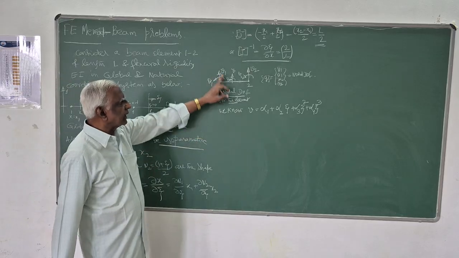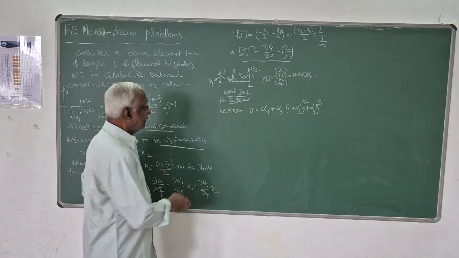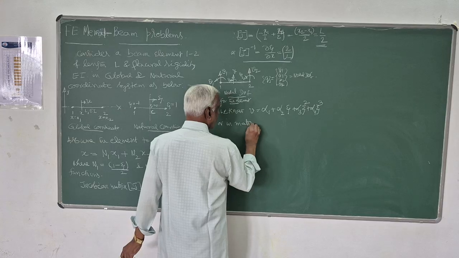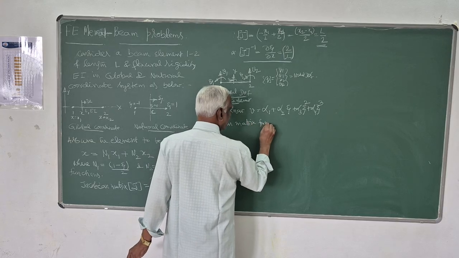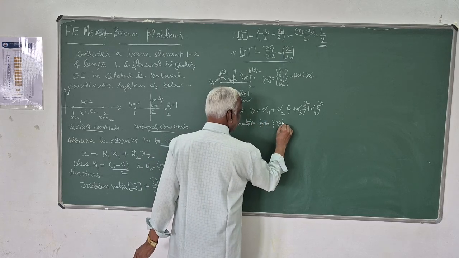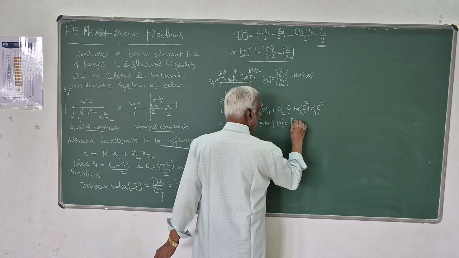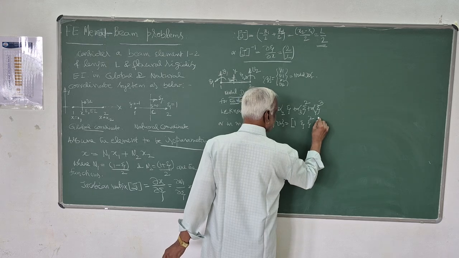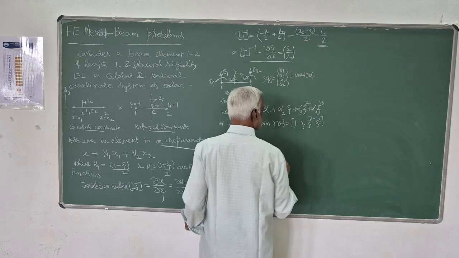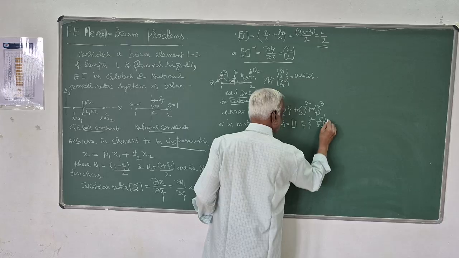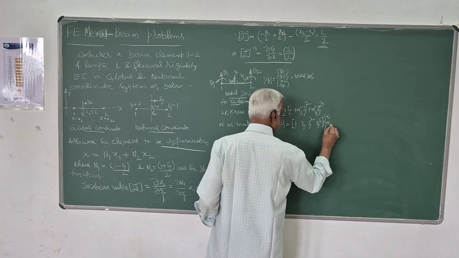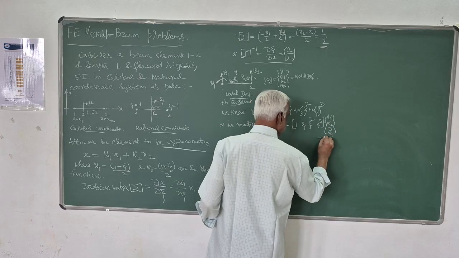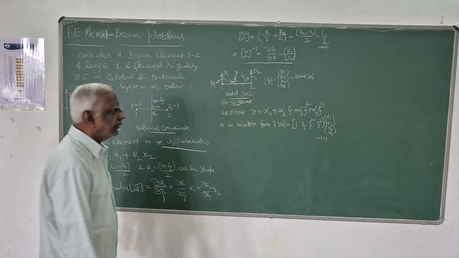In matrix form, v is equal to 1, psi, psi square, psi cube times alpha 1, alpha 2, alpha 3, alpha 4. This is equation 1.